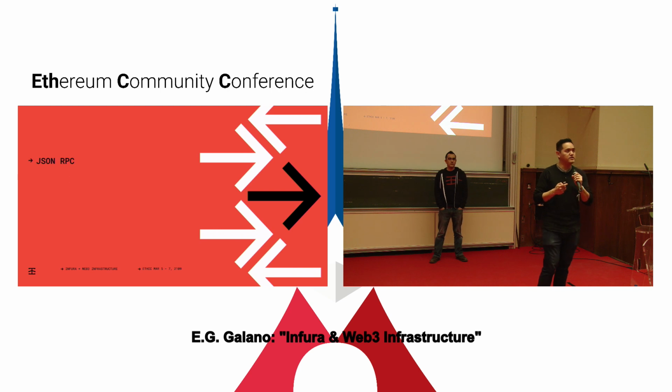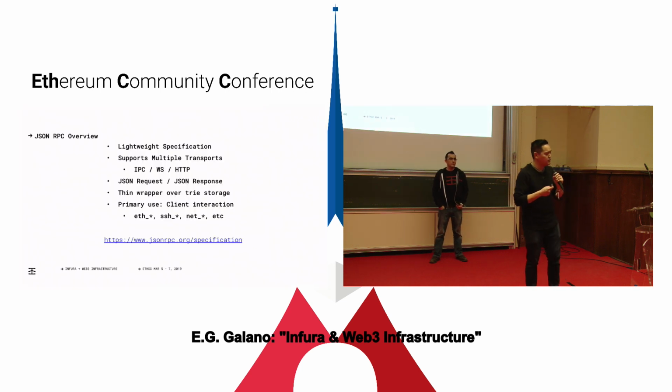So going into that, the JSONRPC is a very lightweight specification. There's really not much there. It's not like a true spec, which is why EIP 1474 is trying to define that clearly. And it's really just a thin wrapper over what you would like to do with the blockchain data on disk, whether that's grab a specific section of the tree data, look at specific transaction hashes and things like that.